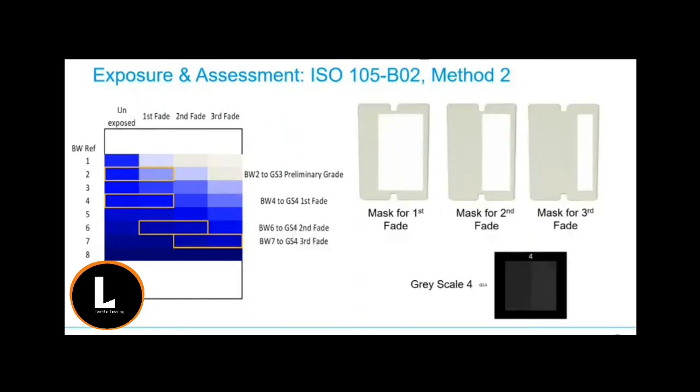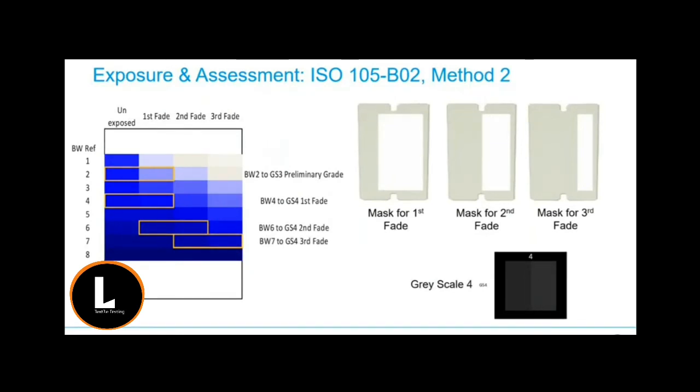On the first fade, you are looking for blue wool reference fabric number 4 to complete a shade change to grayscale 4, which would take approximately 40 hours. On the second fade, changing to the second mask on screen, you are looking for blue wool reference fabric number 6 to complete a shade change to grayscale 4, which would take approximately 160 hours.